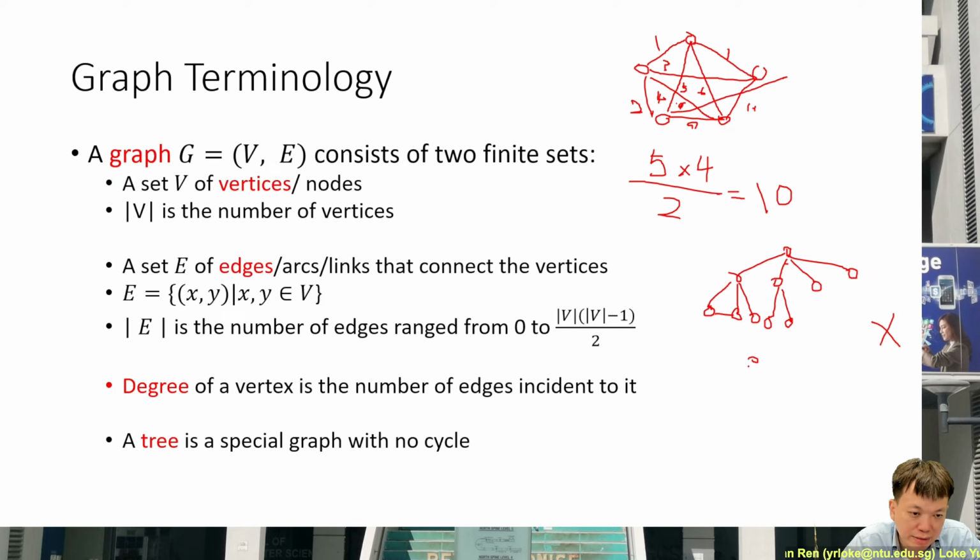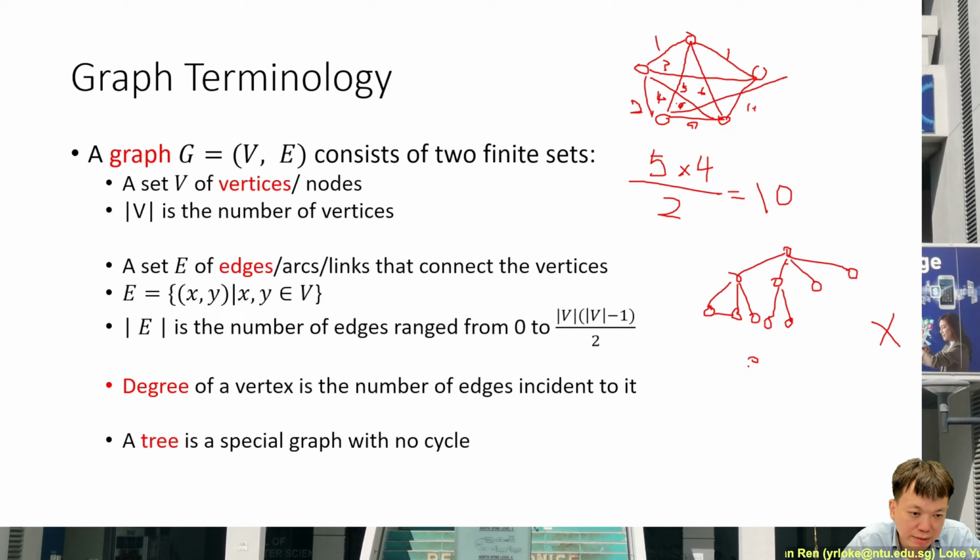Then you also can introduce some weight on the edge. Then it becomes a weighted graph. That means, for example, if you want to travel from A to B, there's some cost. I can use the weight to represent the cost. So if I want to travel from A to B through this particular edge, the cost is 7.